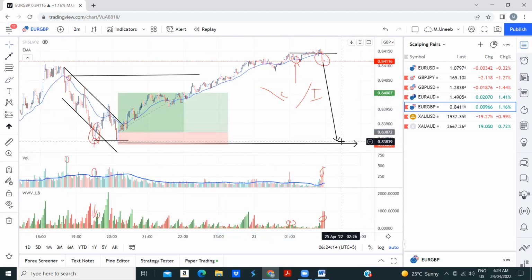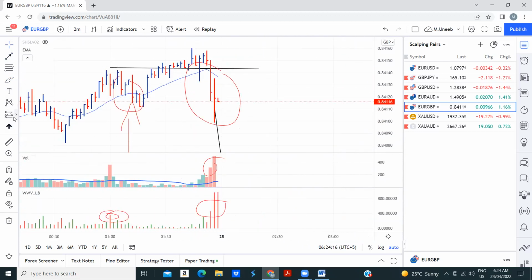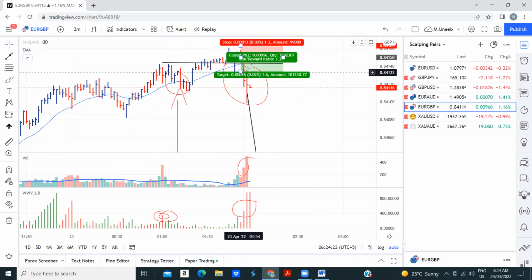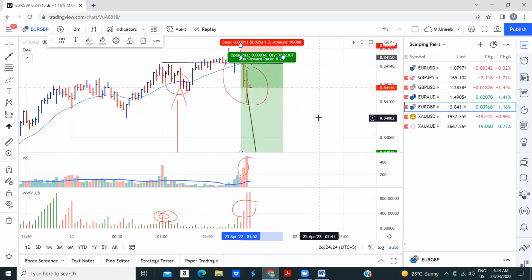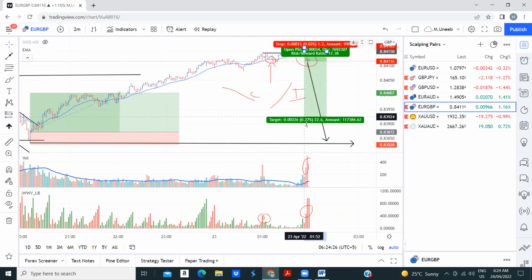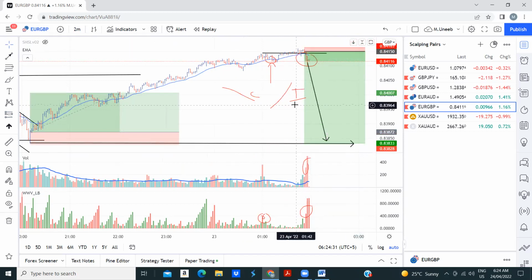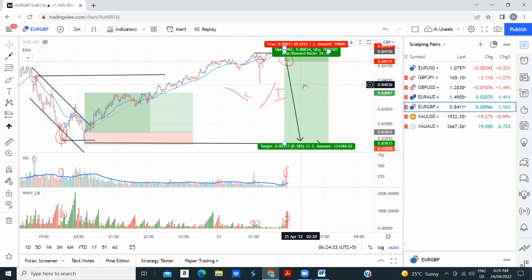The big banks have already positioned their trade like this. They have placed their stop loss here, and they have already placed their target. They are already in the trade, and they have put in huge orders.